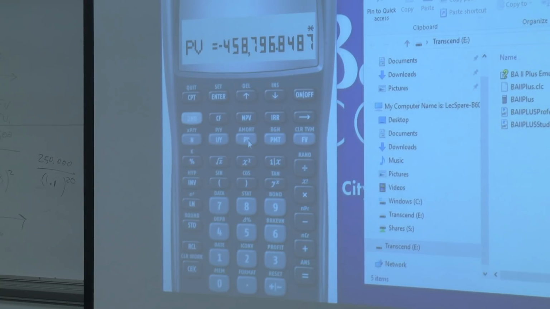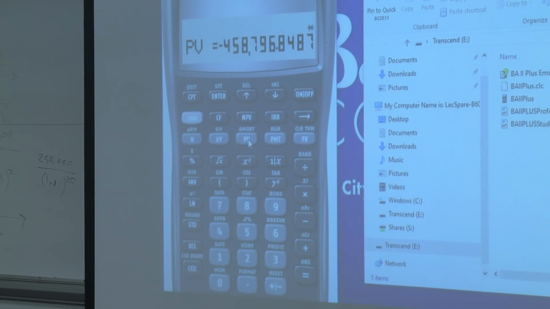Now you need to figure out how long it will take for you to accumulate this amount if you are able to save $40,000 per year. So this, which is a present value, becomes a future value. Okay?